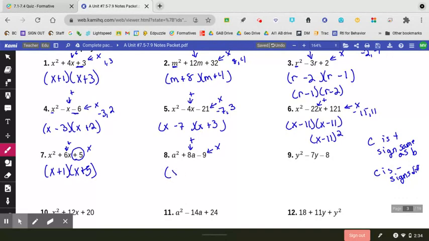So that's a plus 9, a minus 1. And I know it's going to be plus 9 because I want 8 to be positive. So 9 plus negative 1 is positive 8. Multiply to be negative 8, add to be negative 7. So that's y minus 8, y plus 1.